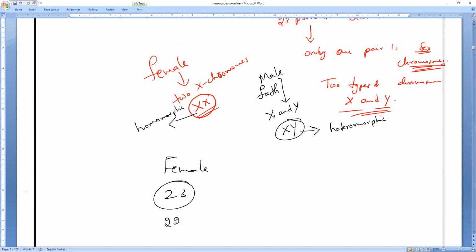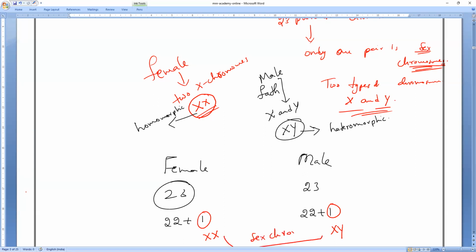So I will write it as 22 plus 1. Male also contains 23. In that, 22 plus 1. So if you notice, this 1 is actually XX, and this 1 is actually XY. This is what we call sex chromosomes.